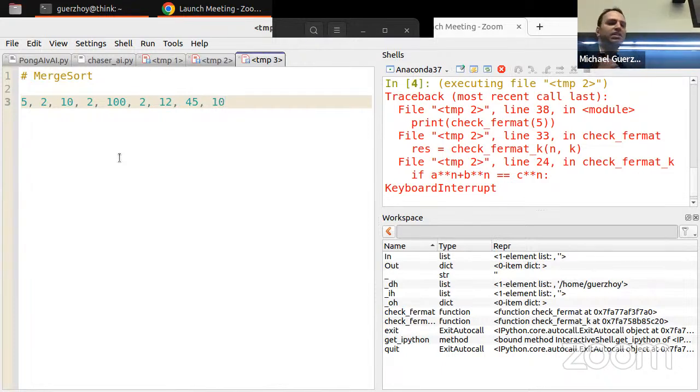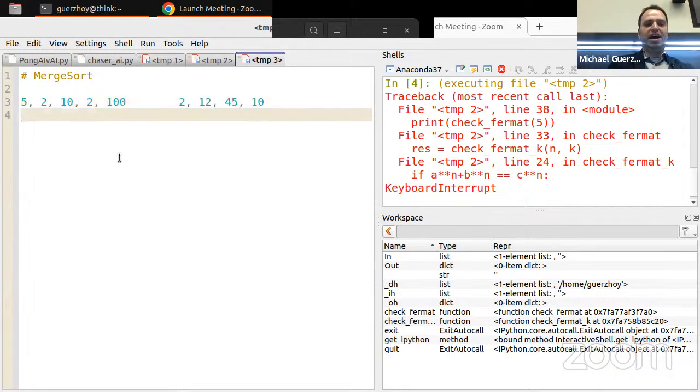And then the idea for how we're going to sort it is like this. We're going to split it into halves. And then I'm going to sort this guy, and I'm going to sort this guy. And then once they're sorted, I'm going to put together the two sorted lists. So that means that this one, I'm going to sort somehow.